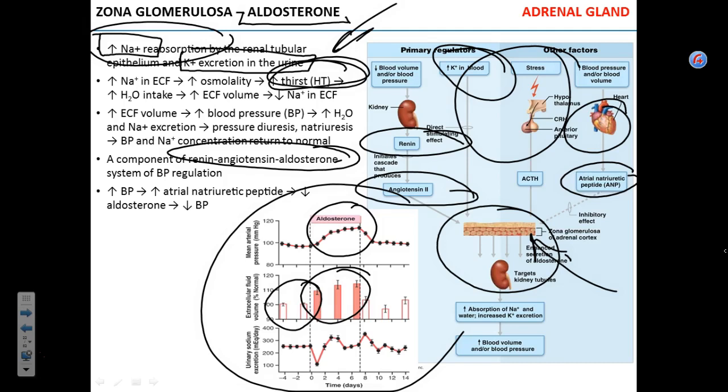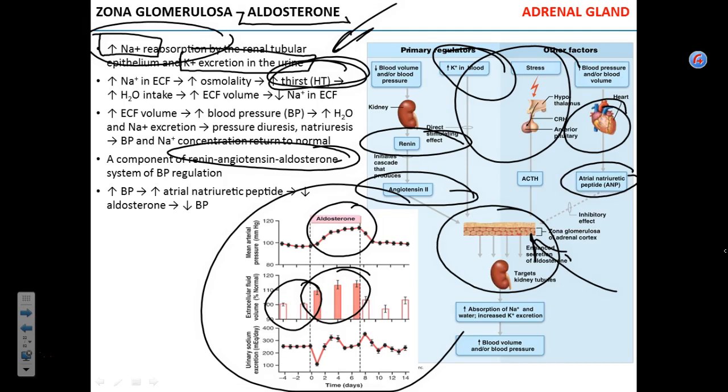Now, if you increase the concentration of sodium in the urine, sodium will be followed by water. Water will be drawn from your extracellular fluid to your urine. Does that make sense? What's going to happen to the volume of extracellular fluid, which will lose water? It's going to decrease.